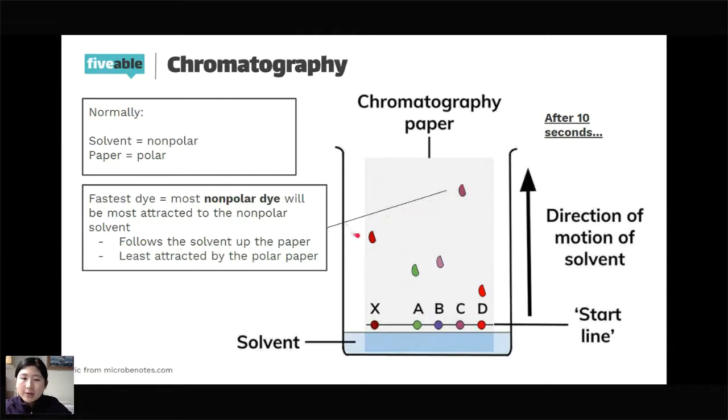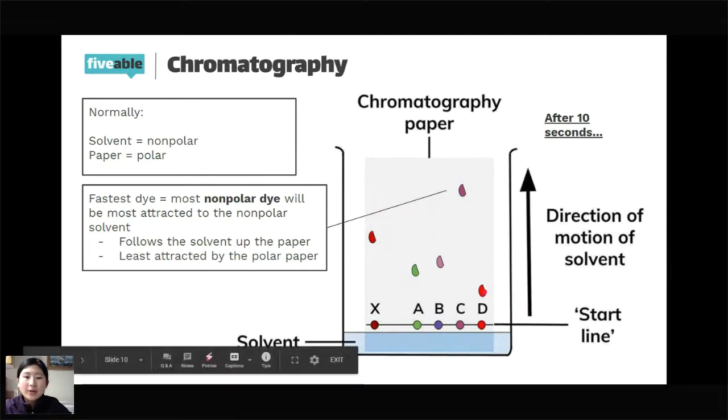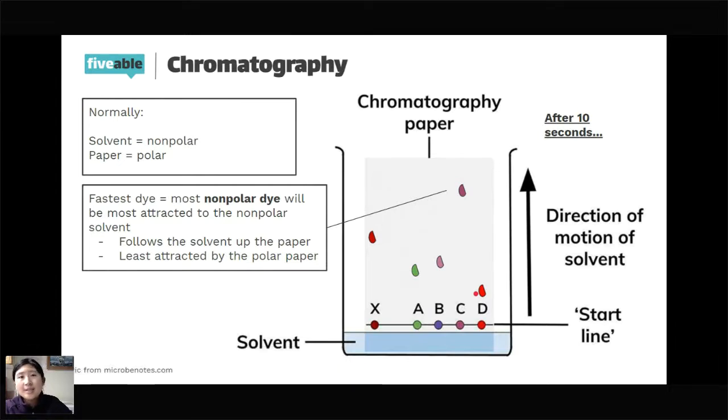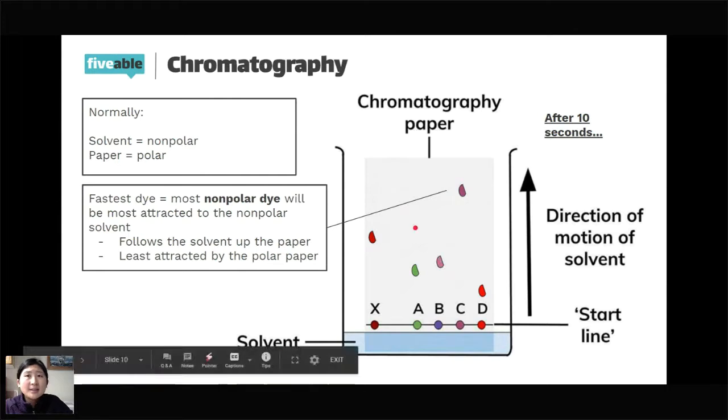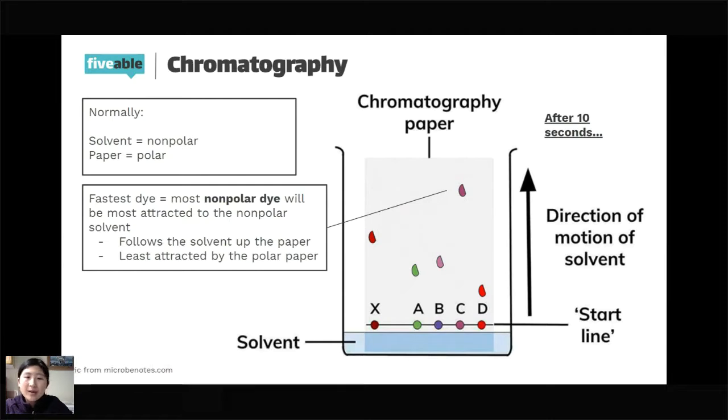But the dye over here is the second most clingy one to the solvent. You can see the dye over here, that's the slowest dye. This is the one that is the most reluctant to cling onto the solvent, which means it's more attracted to the paper. So it doesn't really want to move with the solvent. It wants to stay with the paper.